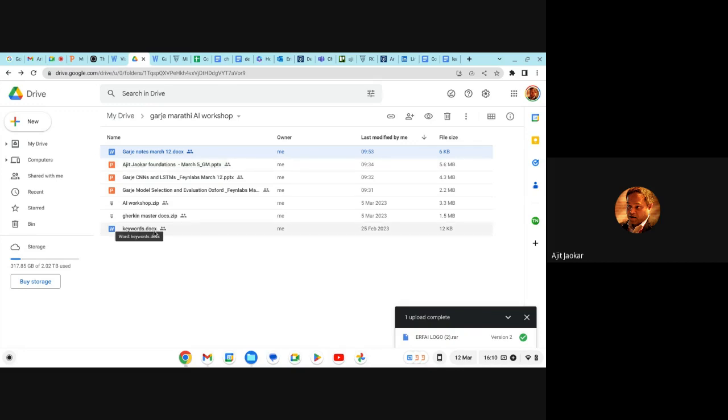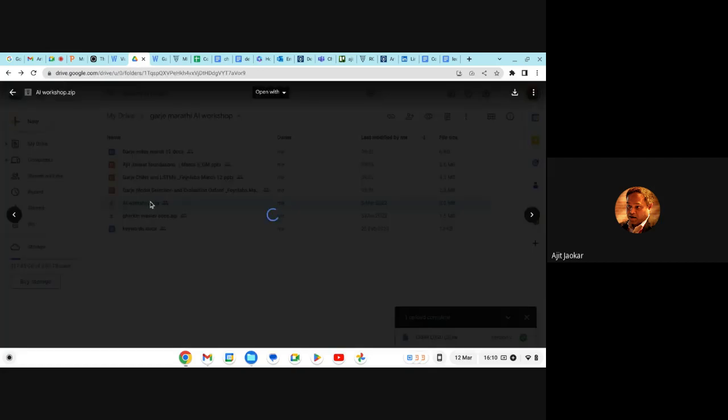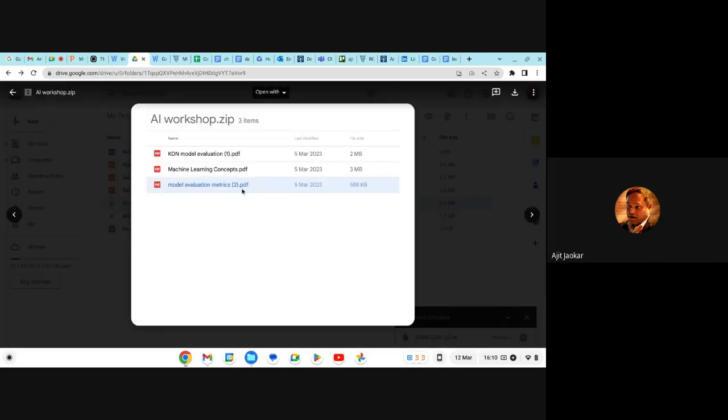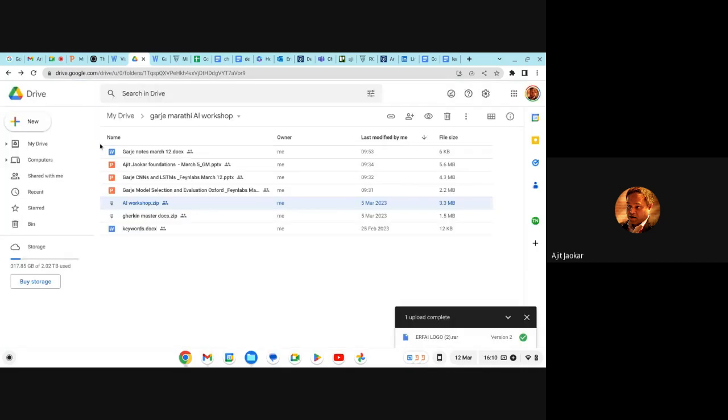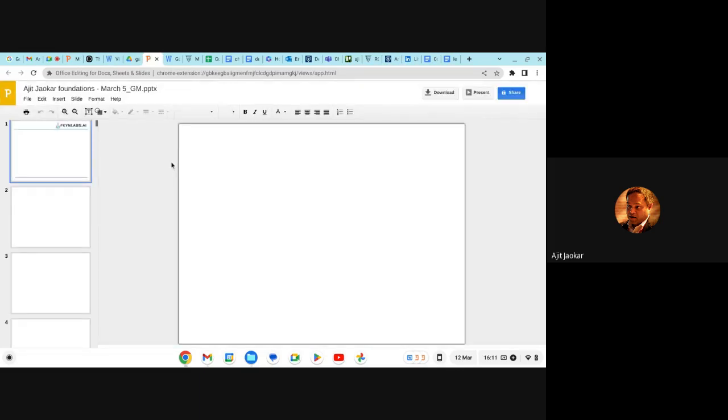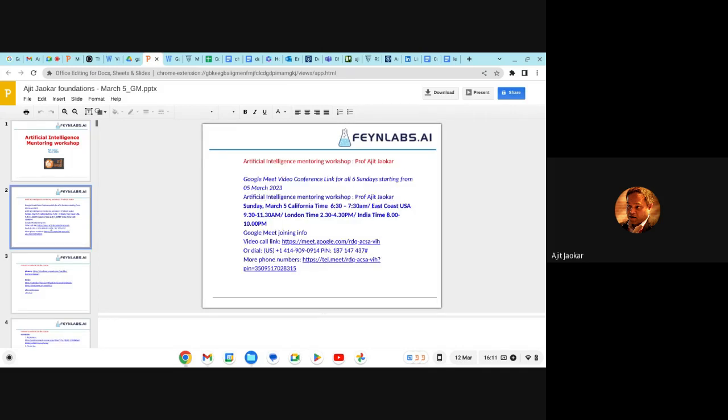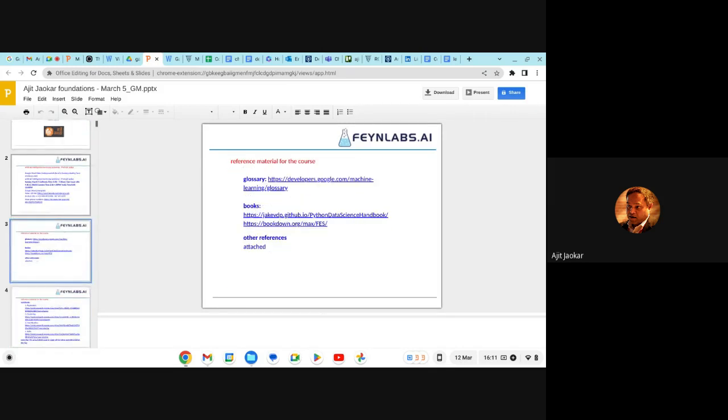So by the way, let me just check what this is. Yeah, so you have model evaluation, machine learning, some more concepts here, and so on. In this first document, one minute, let me just see what this document was. This one, which I shared with you in the beginning, has this link here, which I also wanted you to see.